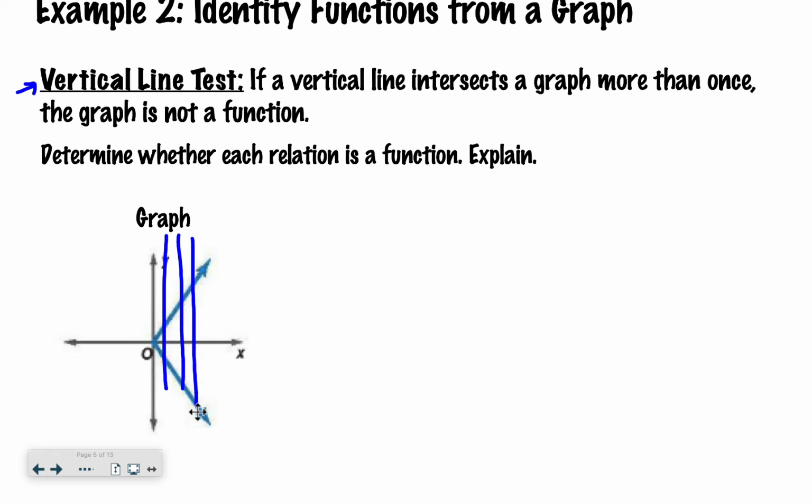You can see each of these lines so far is hitting more than once. You should be able to draw a straight line anywhere on the graph and only ever have it hit once. Right here, that hits once, but the rest of the lines all hit twice. So this is not a function.